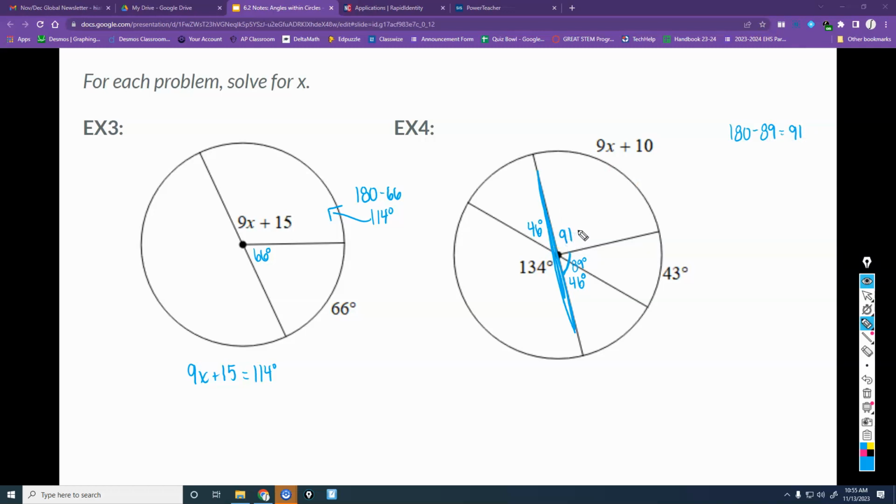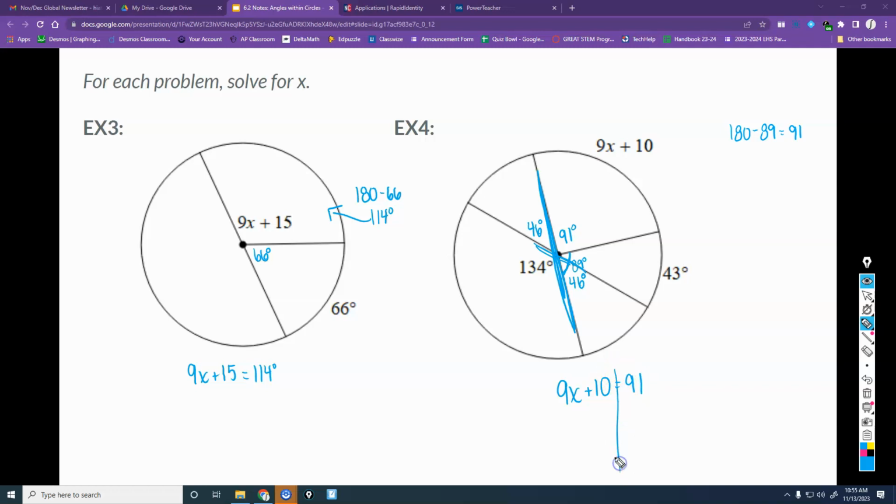Here's another option for you. This angle right here is 134. It is vertical with these angles right here, so you could do 134 minus 43. That would work. There's several things you could do there. But this angle right here is 91, so you're going to say 9x plus 10 equals 91.